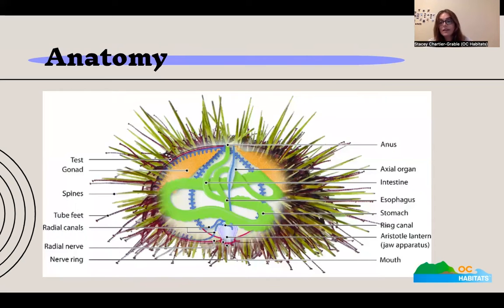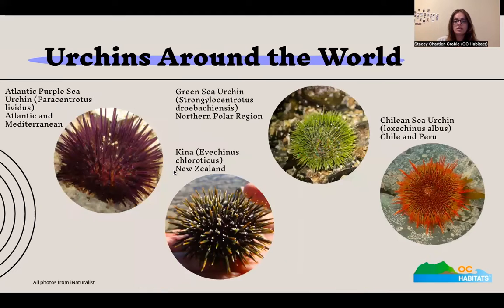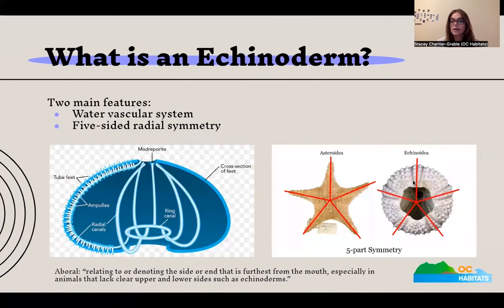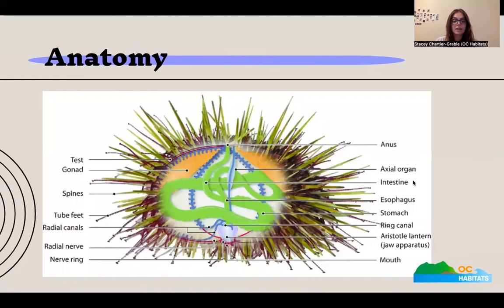Here's some general anatomy we'll be going into a bit. We have right here the test, which is their skeletal structure, which is what you see right here on the right-hand side. They have their gonads right here, their spines and their tube feet.